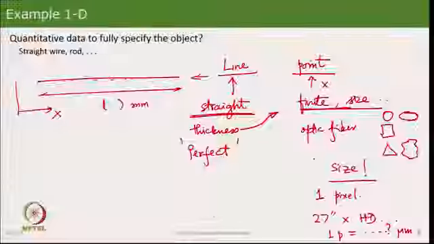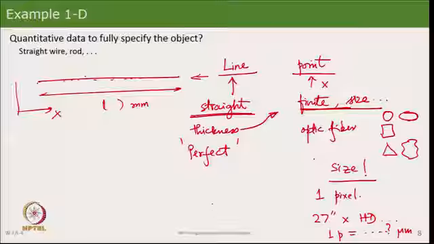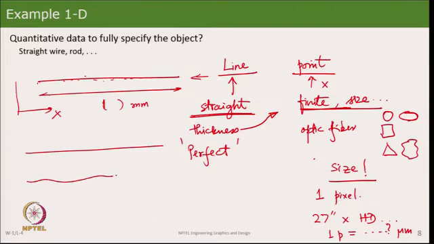Even if we look at, say, a wire or an optic fiber, and measure it as accurately as you can, at a certain distance it may look like a straight line. If you look very closely and resolve it, you will find some variation in it, and that is quantified by straightness.